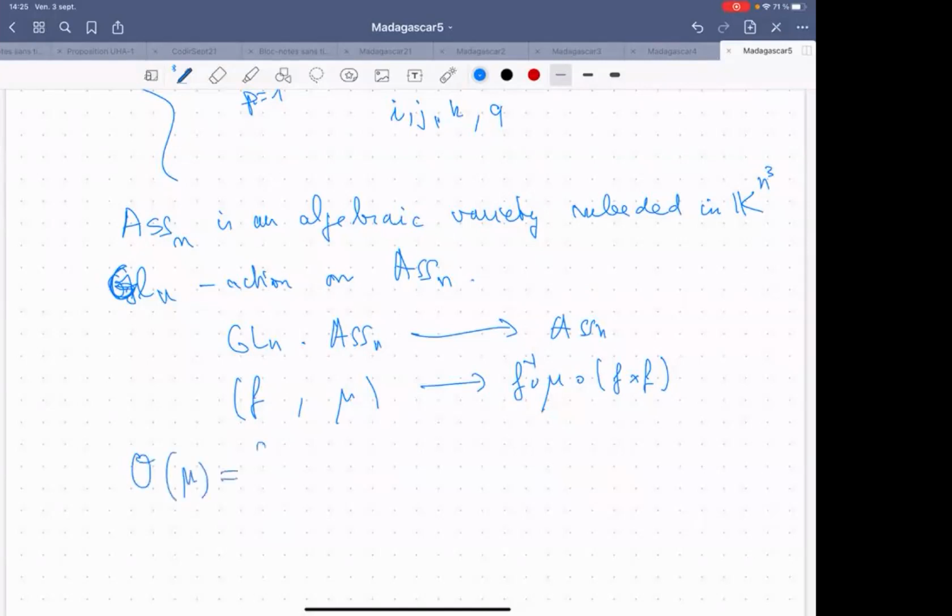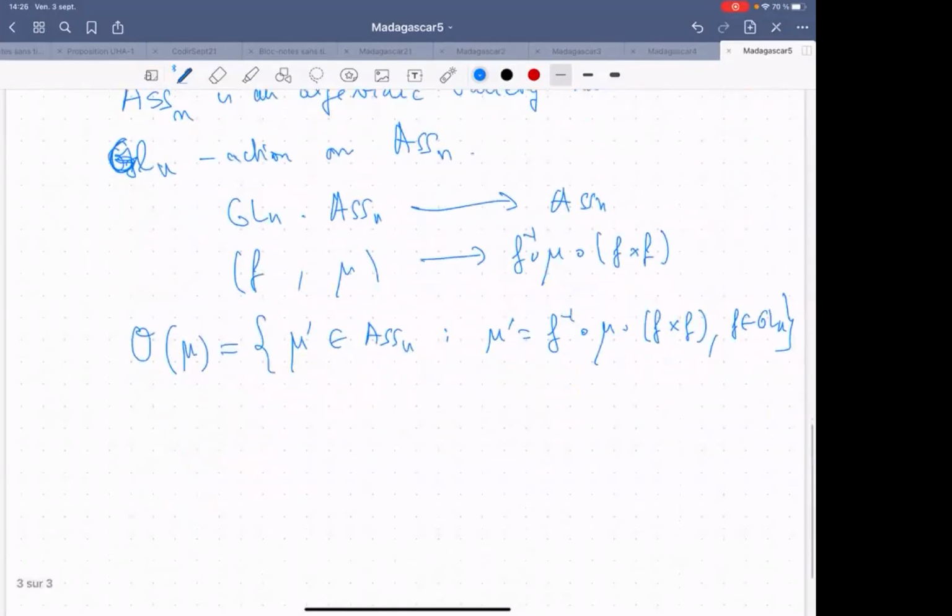The orbit of mu is given by all the multiplications belonging to As_n, which are associative of course, such that this mu dash equals f inverse composed with mu composed with f tensor f, for f in GL_n. Okay.